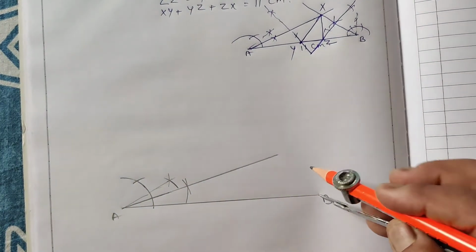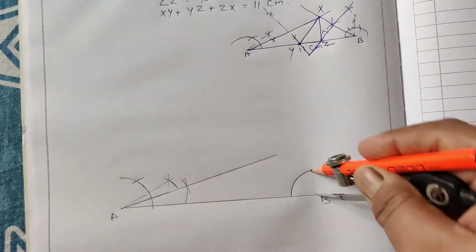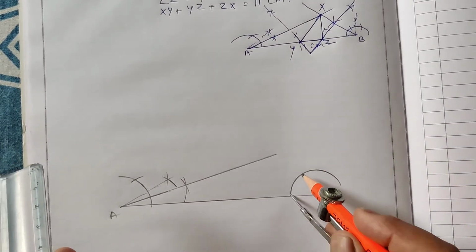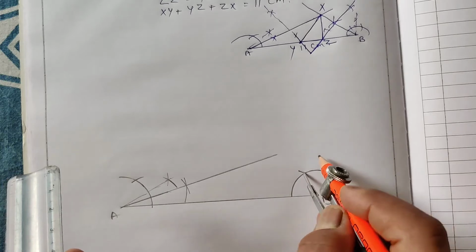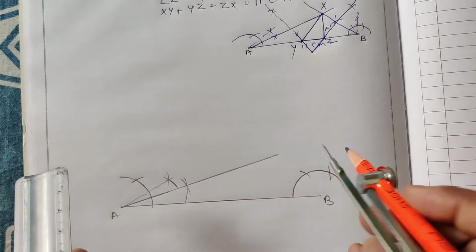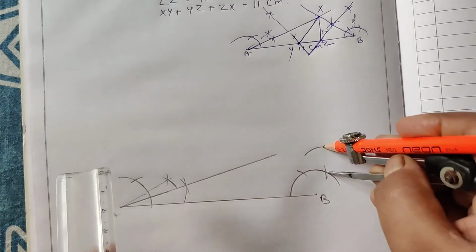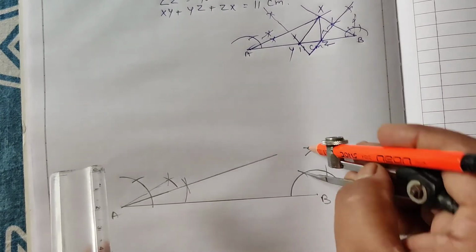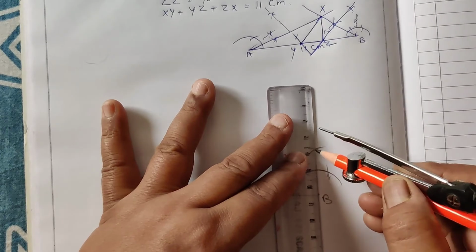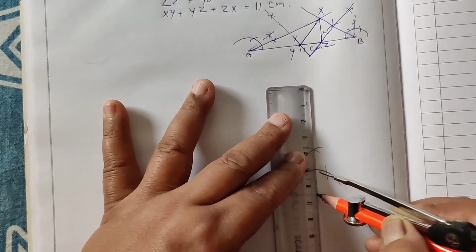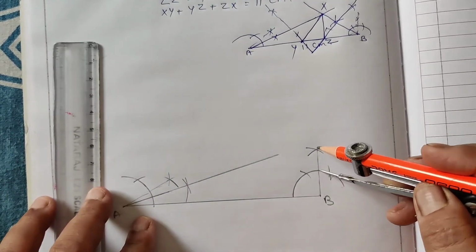Now at angle B 90 degree, half of angle B is 45.